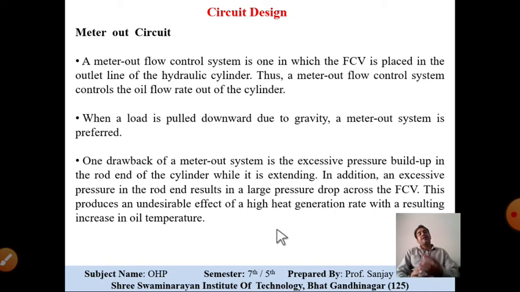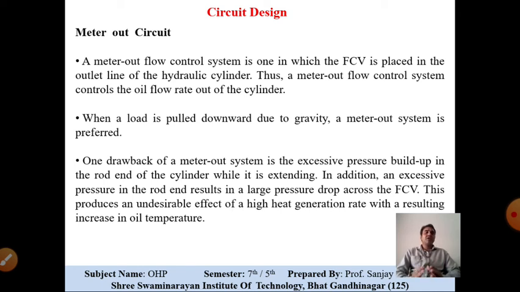While we are retracting against the gravity, the pressure on the hydraulic side is increased. Excessive pressure is developed. This increase in pressure generates heat, which results in increasing the oil temperature in the cylinder itself. By increasing the oil temperature, it loses its properties.